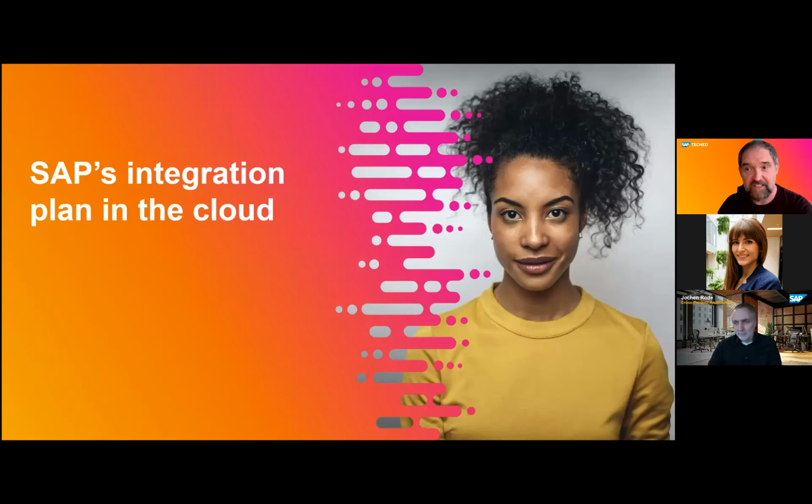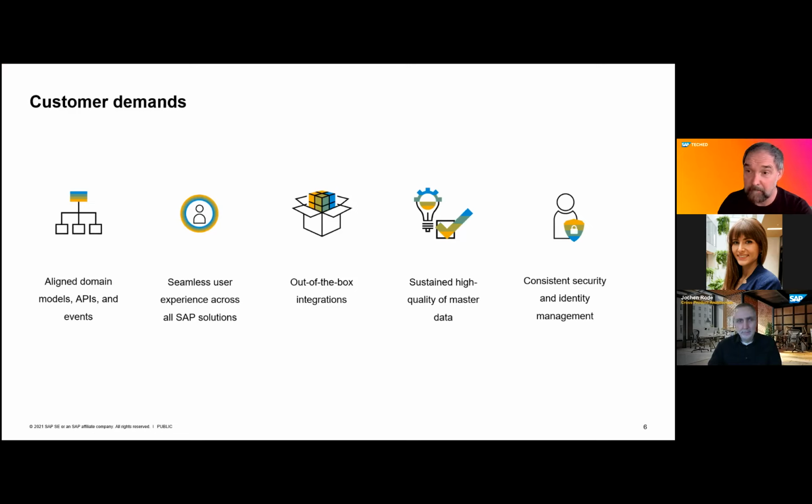Okay, so what's the SAP integration plan in the cloud? Customers and partners are always requesting new features and functions from their software providers, solution providers like SAP and all the others, but specifically for SAP, it became more and more relevant to seek enhancements and improvements in terms of integration and harmonization of the various product solutions, specifically the cloud solutions that SAP offers to you.